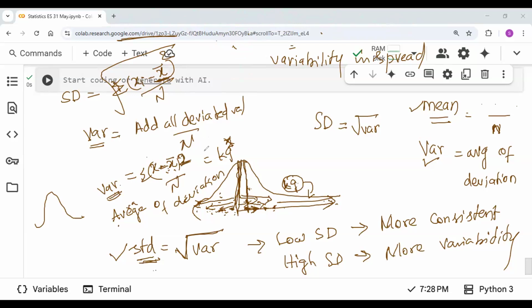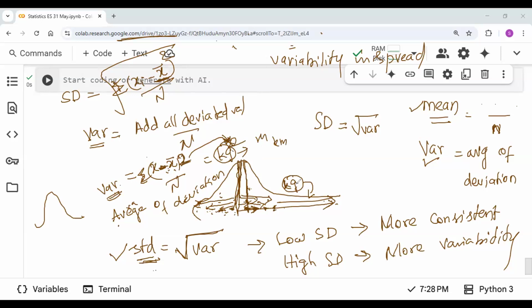When you get negative values, you will not get a proper addition. That's why, in order to avoid this sign, the differences get squared up. That also impacts the unit value of your data point. For example, take a kilogram, meter or kilometer, whatever it is. It is also going to impact the kilogram.